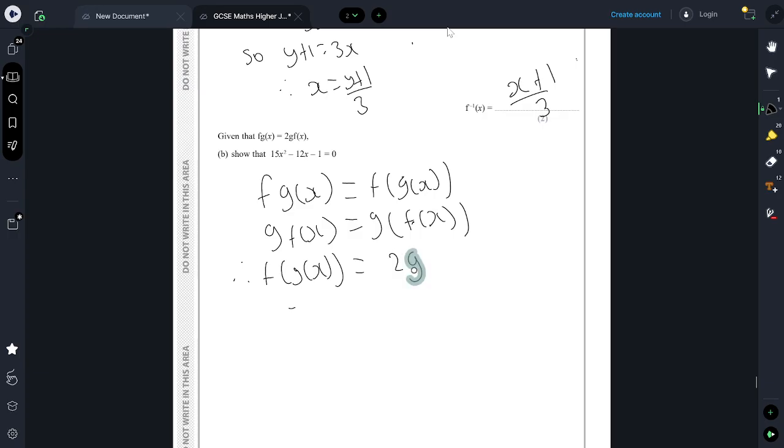We are told f of g of x, the composition, these are composite functions, is 2 lots of g of f of x. So actually, let's find these two expressions.